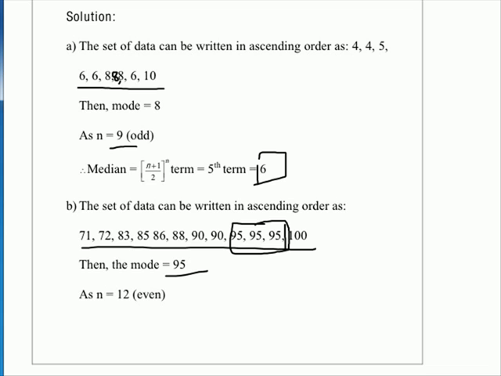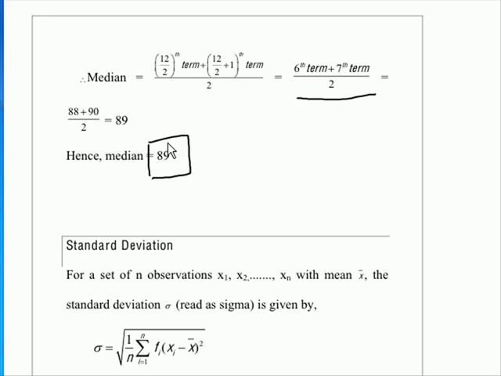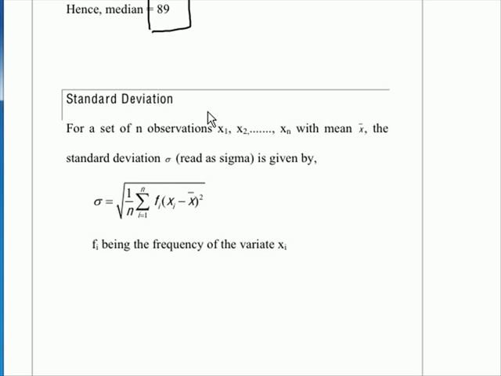And now to find the median, we calculate the number of terms, which is 12, and so the median would be the average of the two middle terms, which is the 6th and the 7th term, and hence the median is 89, as shown here.